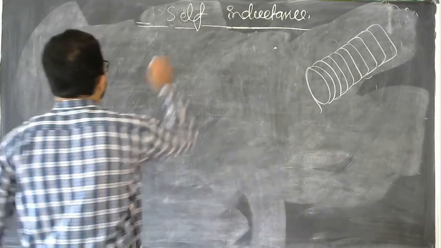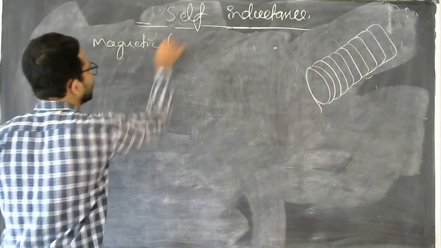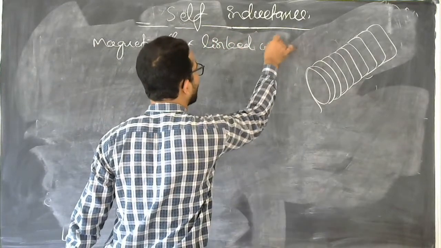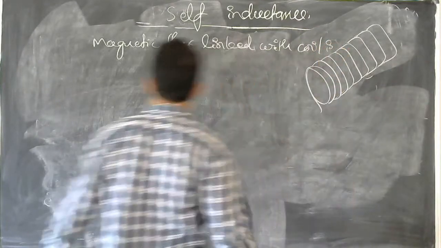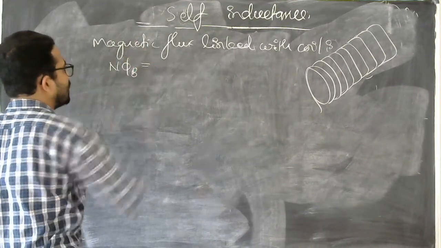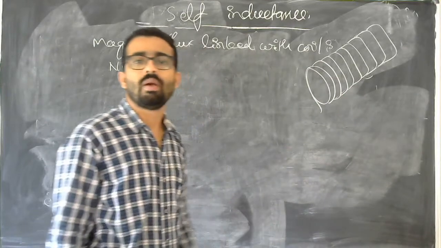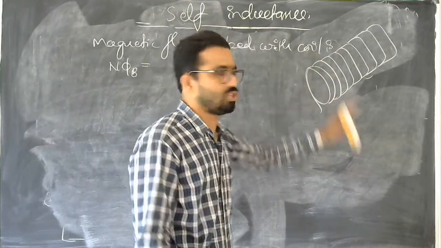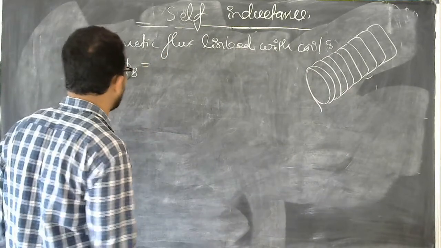That is known as self-inductance. So the magnetic flux linked with the coil, N times phi B, is the magnetic flux linked with this coil due to itself and the current flowing through it. The induced EMF is then known as self-inductance.